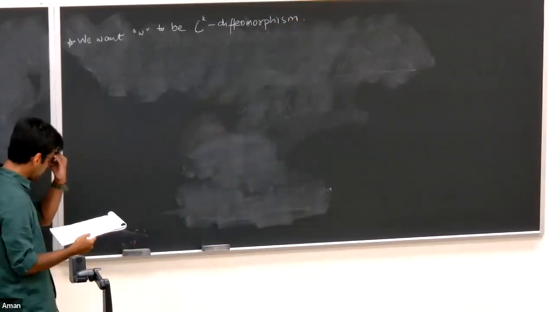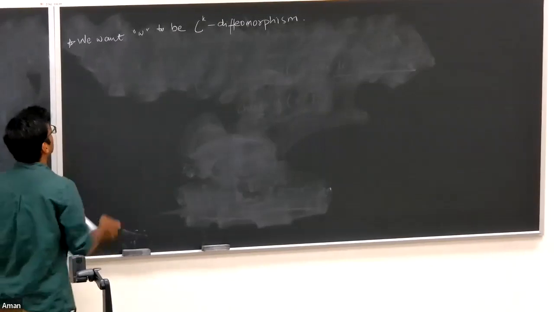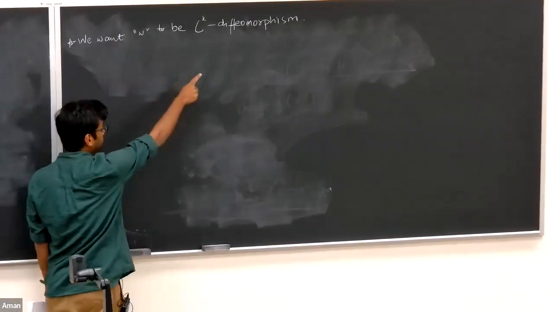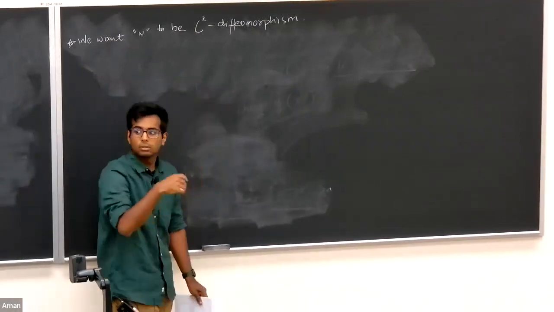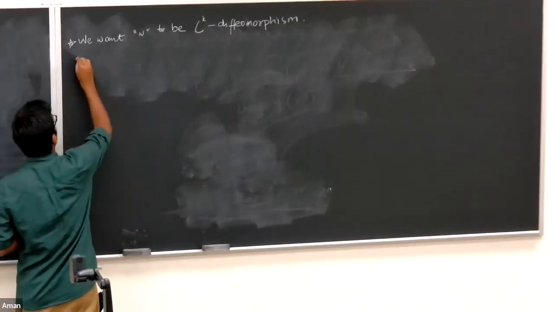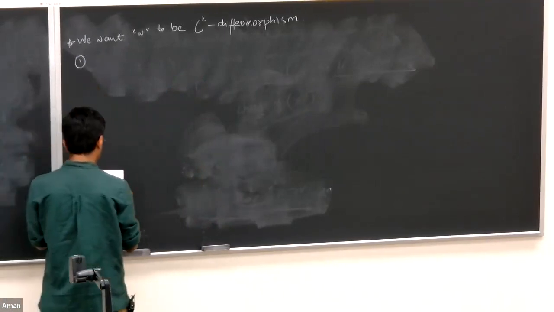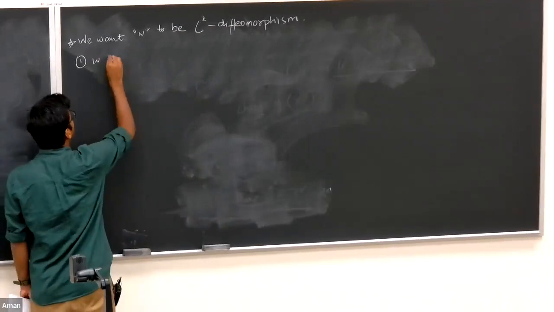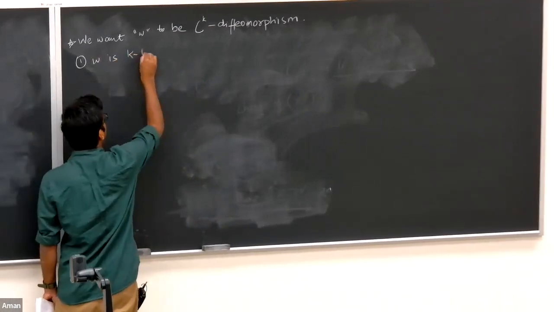Right, so what does C^k diffeomorphism mean? For omega to be a C^k diffeomorphism, it needs to satisfy the following criteria. First one, that omega is k times differentiable.